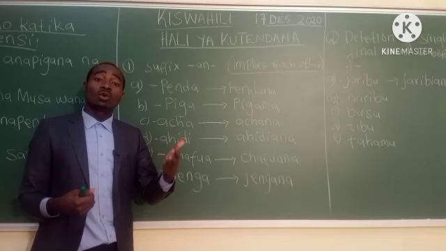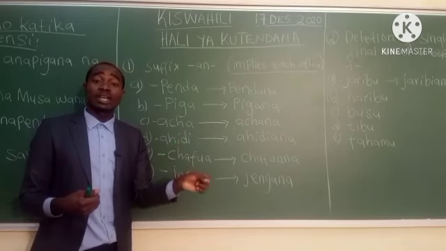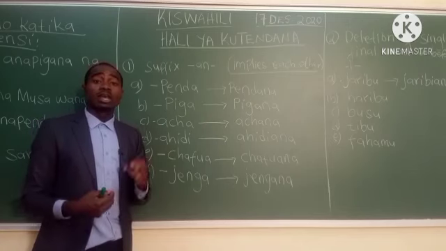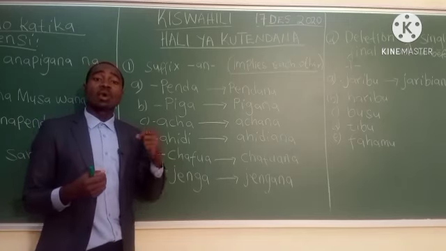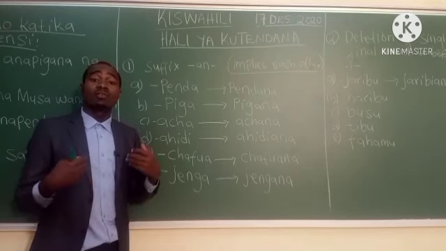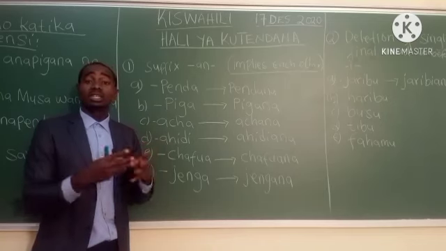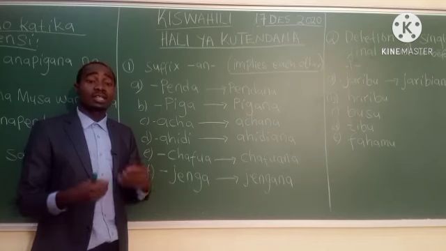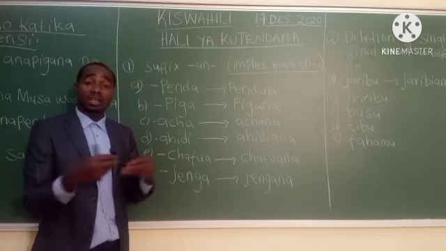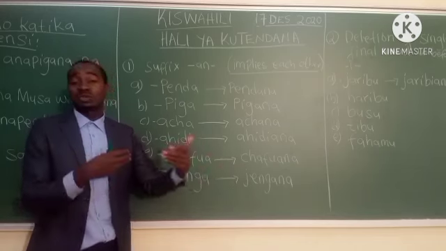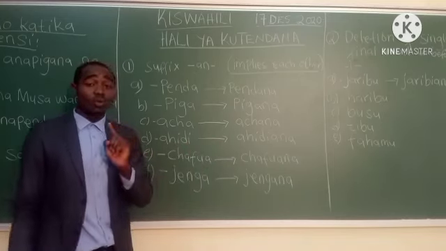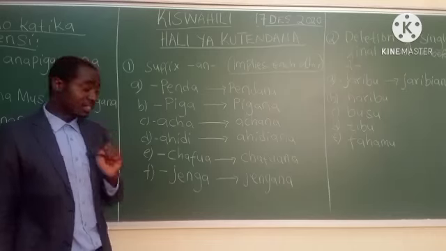Yeye amechafua nguo ya rafiki yake, na rafiki yake pia amechafua nguo yake. Nguo is clothes. So we can say wamechafuana, they have dirtied each other. They have made themselves dirty, each other. He makes it dirty, then this one also makes him dirty. Wamechafuana. So I hope you are understanding this.